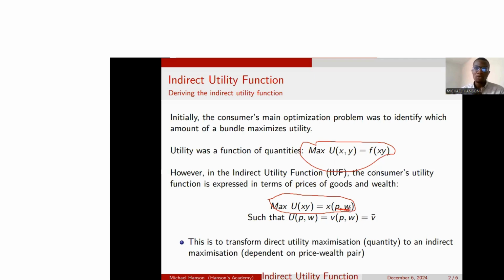That's how we are able to say that the indirect utility is dependent on prices and wealth. So this tutorial is to help us transform a direct utility function to an indirect utility function, which is dependent on the prices and the wealth of the consumer.